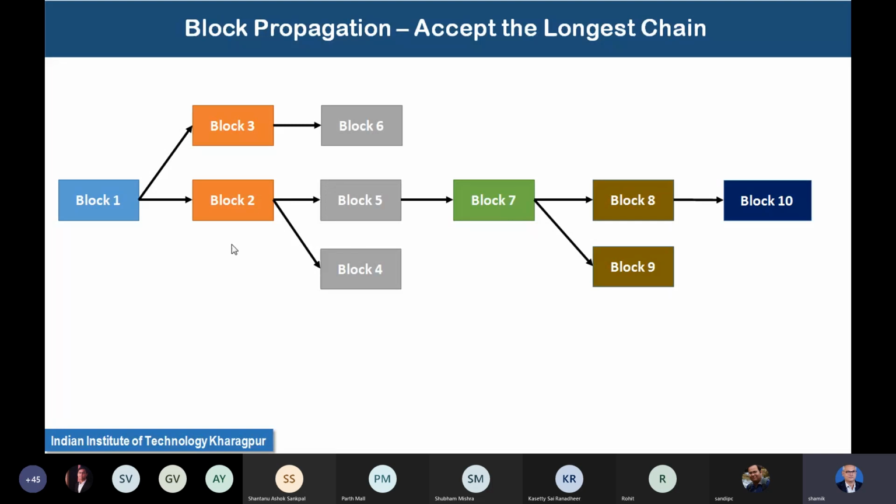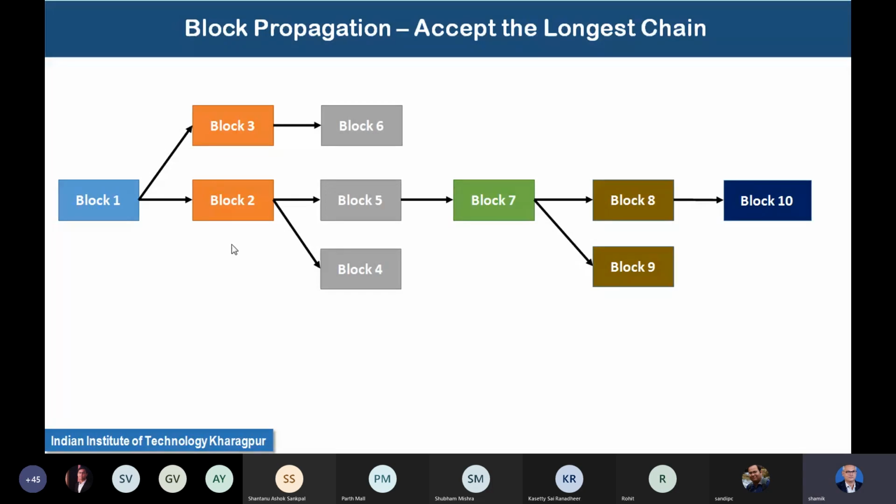If more nodes are mining based on block 2, then it is more likely that the solution comes based on block 2, say block 5 gets generated first, and then block 5 will be flooded, and so on. As a result, slowly more nodes will tend to follow the chain which has block 2 as the child of block 1 and block 5 as the child of block 2.